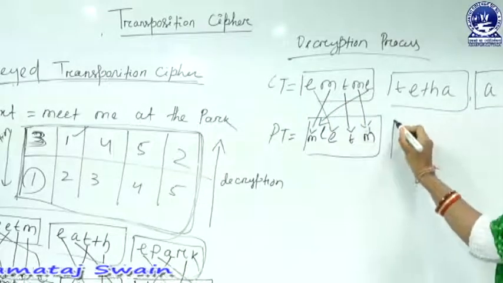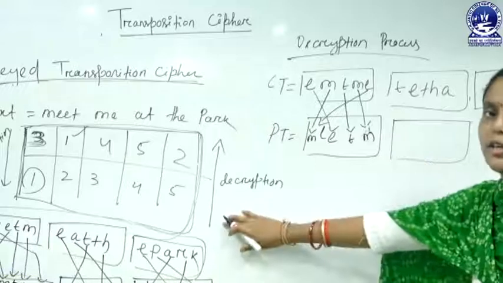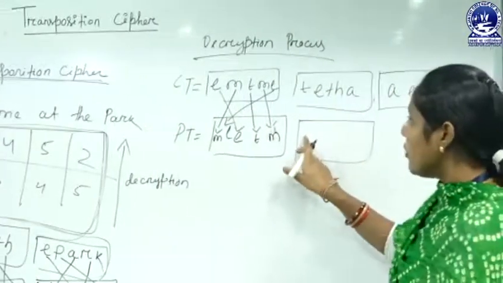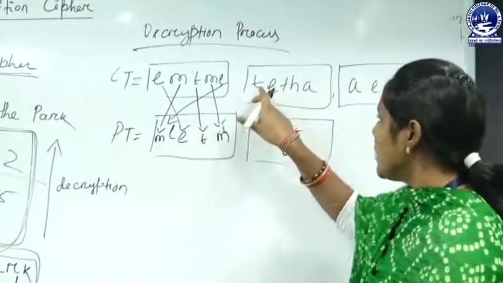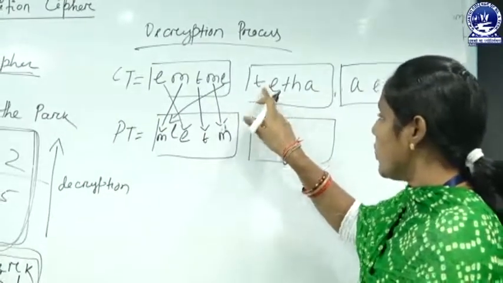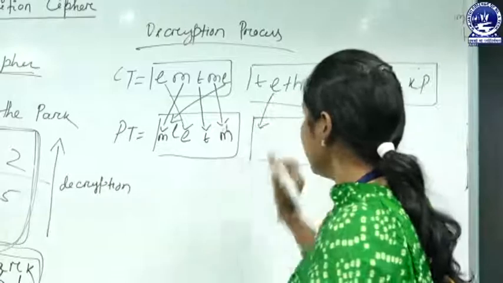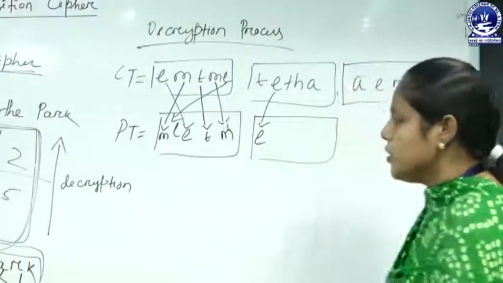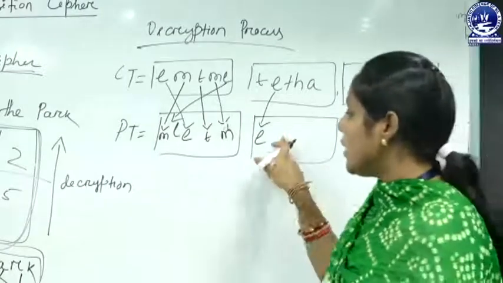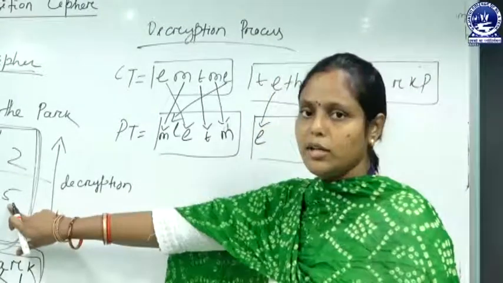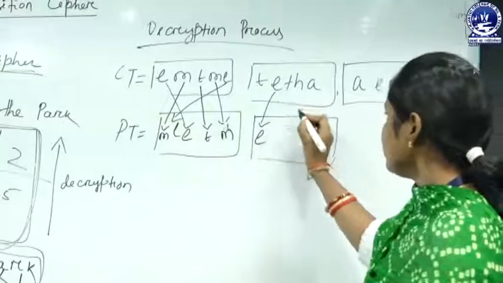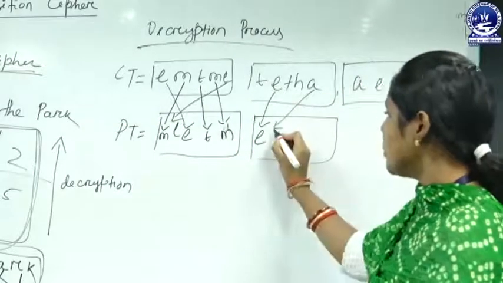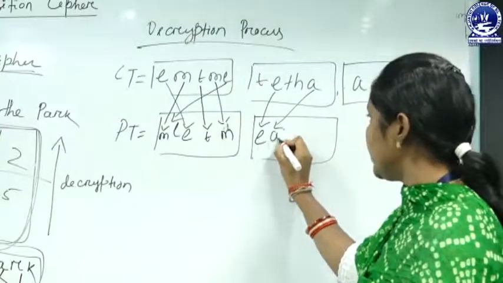Similarly, you can apply this decryption key for this block. Here the first character of our plain text is the second character of our ciphertext. That means this E is the first character of our plain text. Then the second character of our plain text is the fifth character of our ciphertext. Here this is the fifth character, which becomes the second character of our plain text.